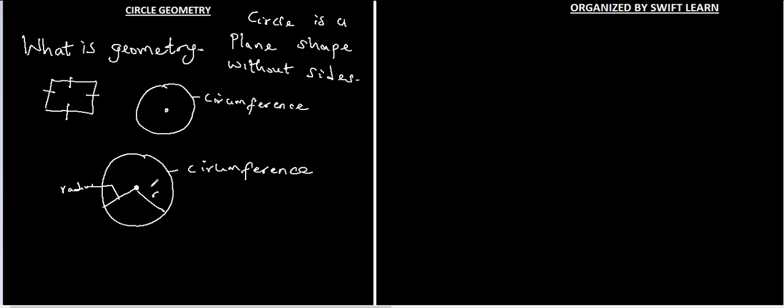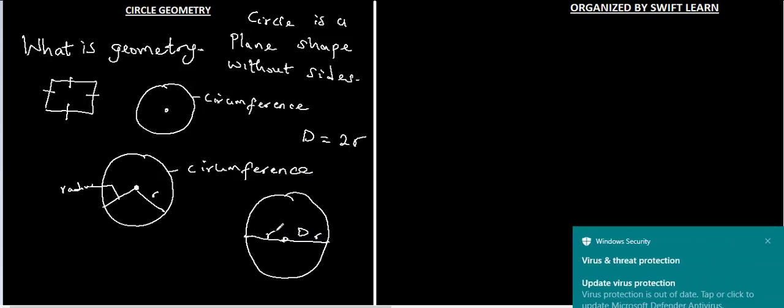A diameter, as you should know, is a line that passes from one point of the circumference to another point of the circumference. So I can say my diameter is equal to 2 times my radius, because from the center to this point is the radius, and from the center to this other point is also the radius.